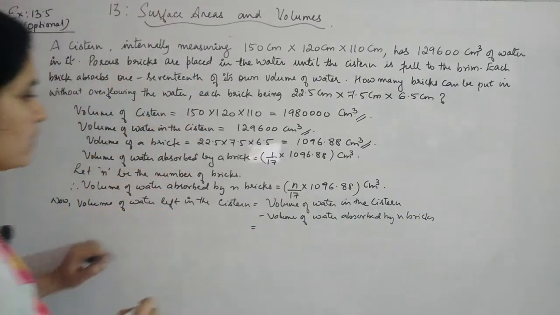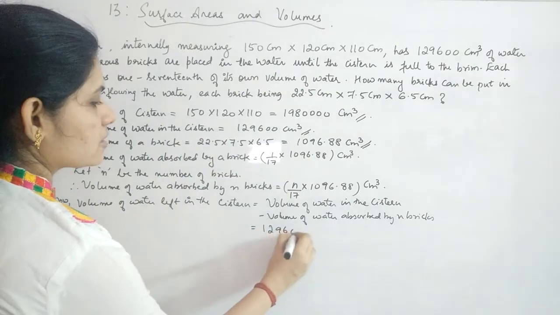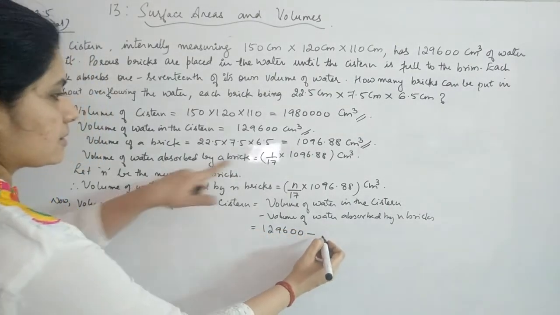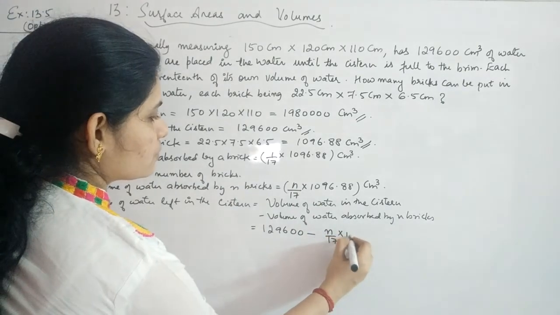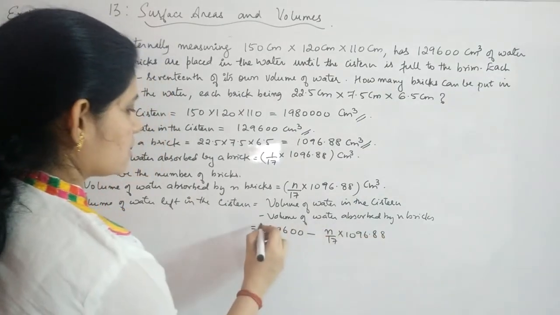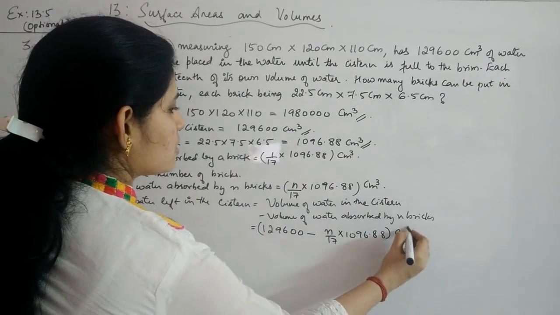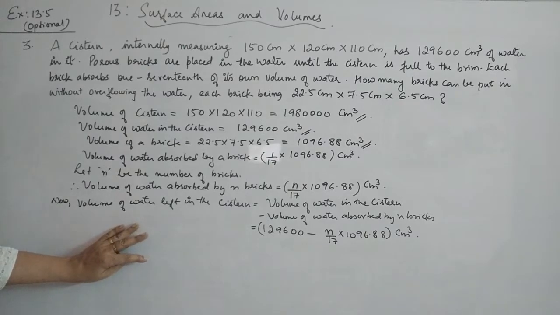That will be how much? It is the volume of the water in the cistern minus n/17 into 1096.88. So this much is the volume of water left in the cistern.